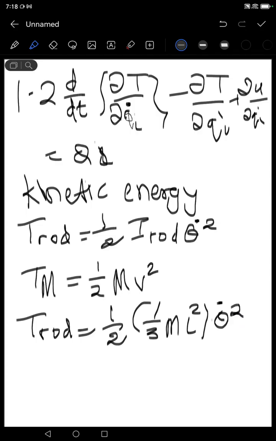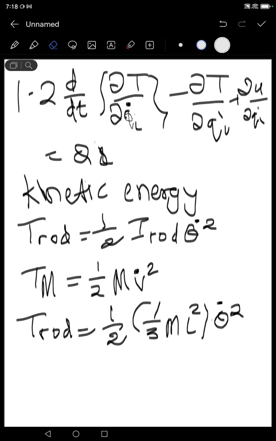So every time we are writing kinetic energy, we use what we call the generalized coordinates. So when we write kinetic energy, the generalized coordinate is supposed to have the dot, to show that it's velocity. So I'm lying, there's no dot here, it's just mv.